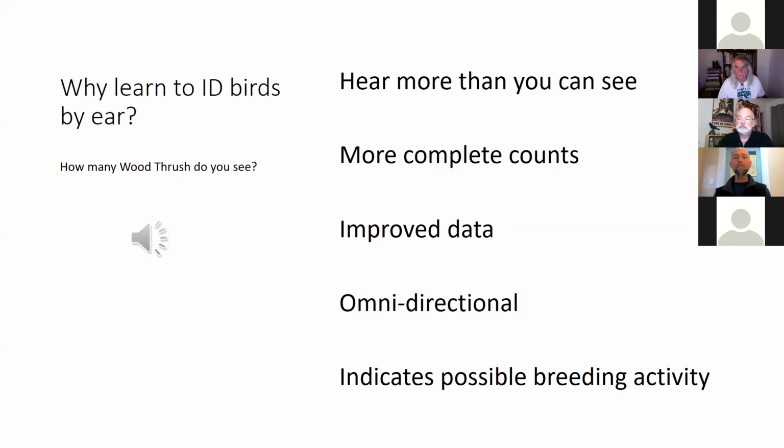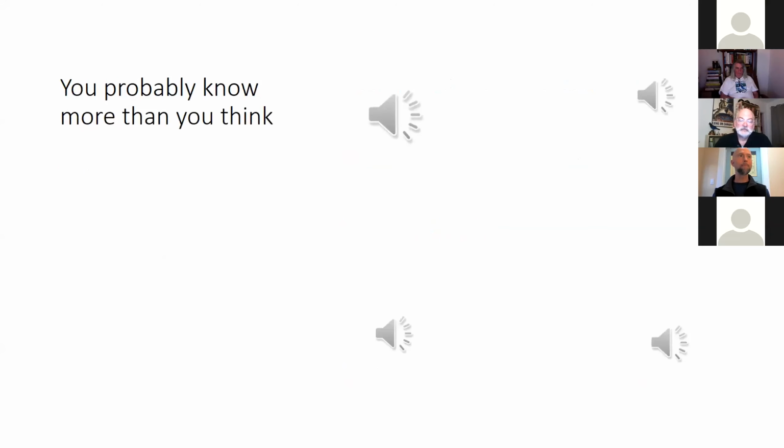You won't ever be facing the wrong direction to hear the gnatcatcher in the bushes. You may have gotten too old to hear the gnatcatcher, but you won't be facing in the wrong direction at least. And also on top of that, atlasing as a process, in terms of that behavior that indicates breeding activity, singing on territory is a clue to possible breeding activity.